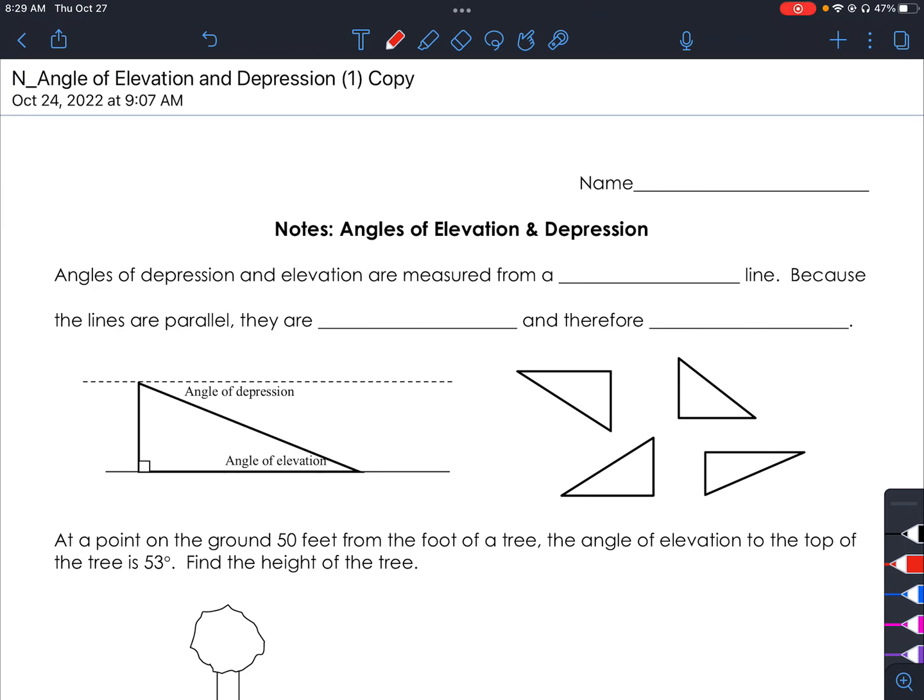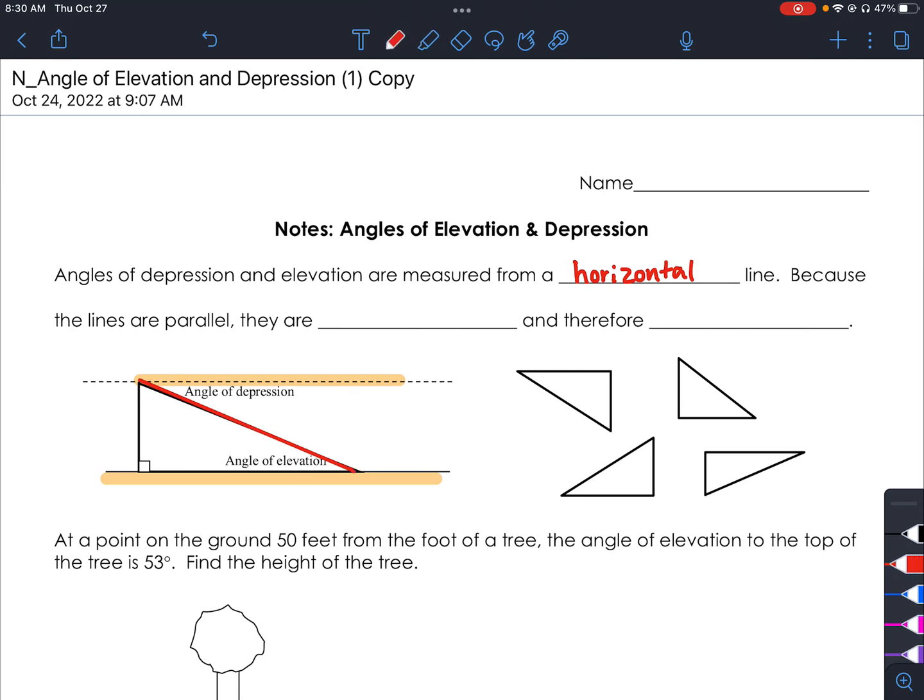Angles of elevation and depression form from a horizontal line. So you can see right here, angle of depression comes from a horizontal line and is going down, versus your angle of elevation, which comes from a horizontal line as well, but that one is facing up.